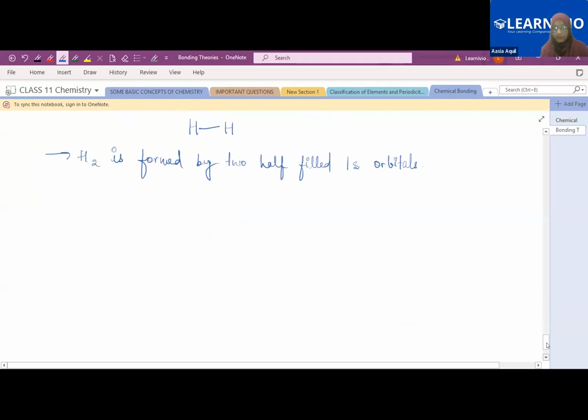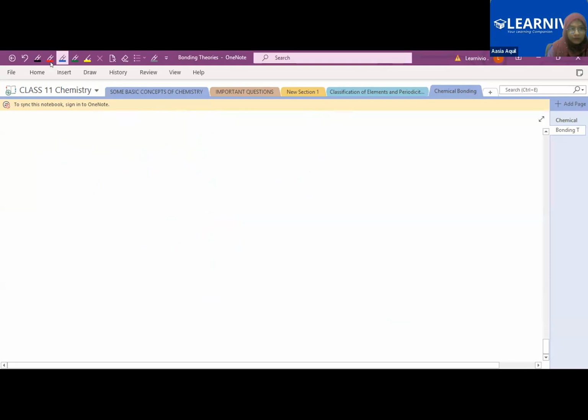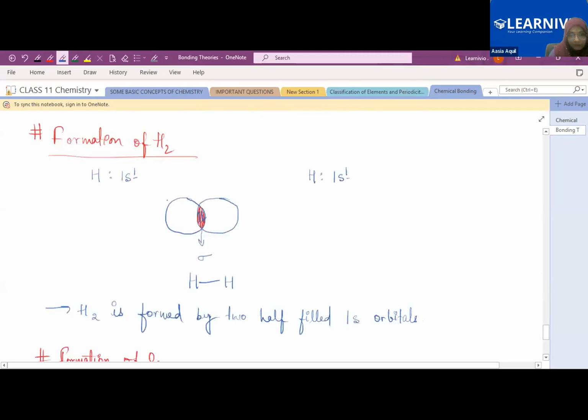Similarly, can you show the formation of O2? First you will write down the configuration. Oxygen has 1s2, 2s2, and 2p4. If you draw the orbitals, in 1s there is only one orbital.